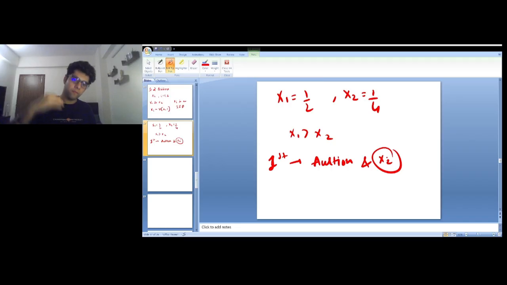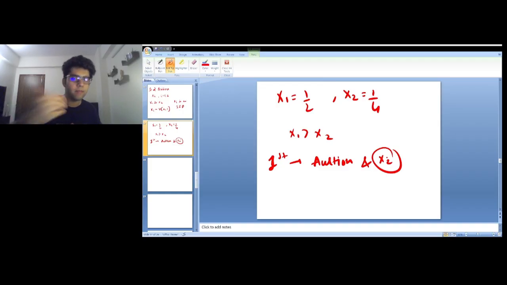For example, both of us are bidders. I'm not talking about the uniform distribution from 0 to 1 here, I'm just taking an example. I am bidding 50 and you are bidding 100.